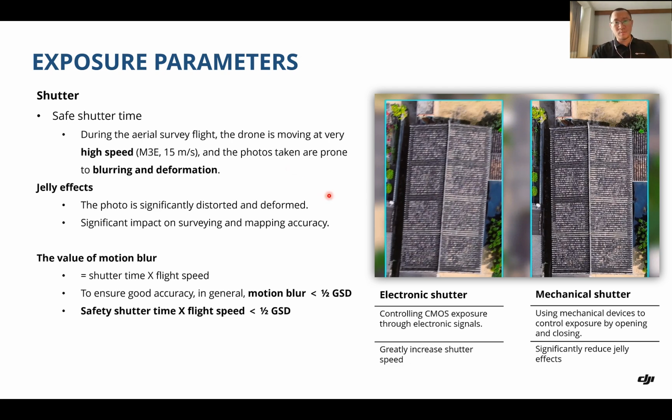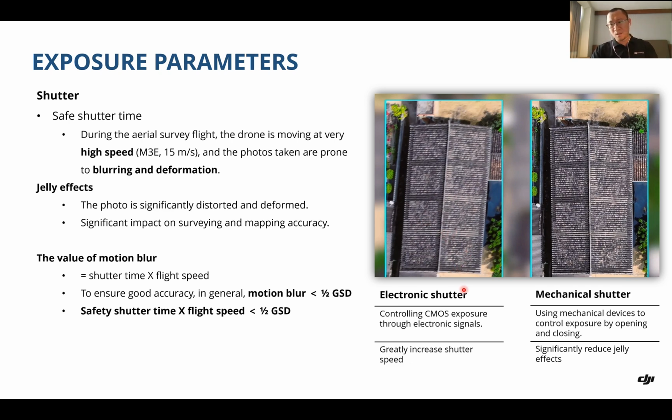To help you better understand what the jello effect is, I have attached two pictures. You can see the left picture is taken by an electronic shutter at a very high speed. You can see the rooftop is blurred and not sharp. All the details are blurred. This means we met the jello effect.